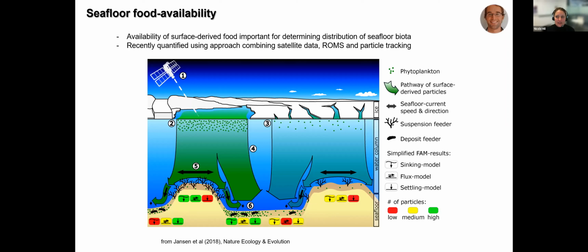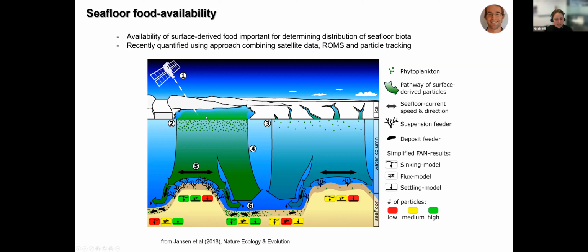And so in his PhD, Jan Janssen developed a method to quantify the food available at the seafloor using this neat combined modelling approach, where essentially we used the input from satellites. We used satellites to quantify chlorophyll A, or primary production, at the surface, then coupled that to an oceanographic model.